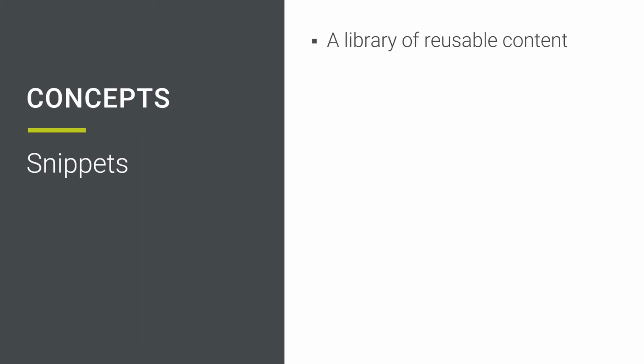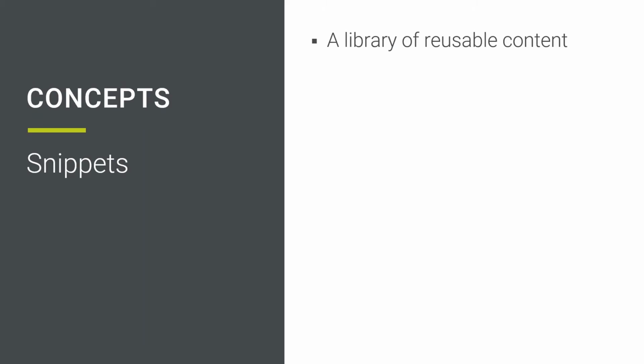If I print a topic onto paper and I hand it to a colleague, they should be able to read it without any other context, and it should make sense. If it doesn't, then it probably shouldn't be a topic. It should be a snippet.